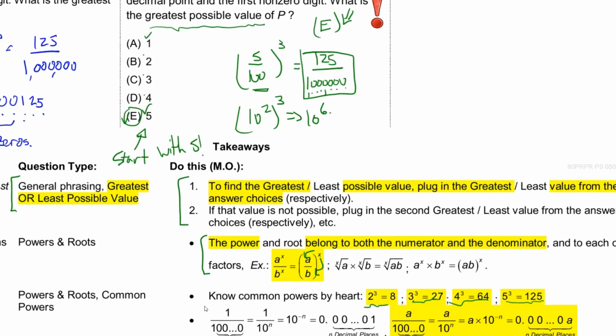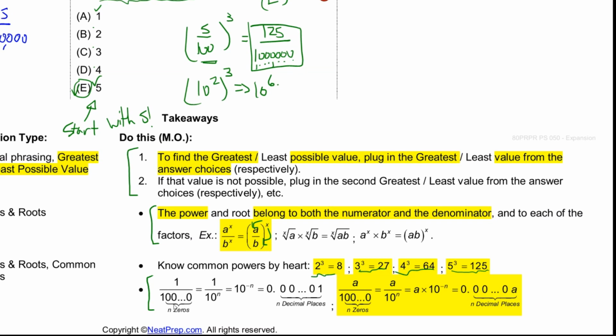And here's a useful little takeaway. Very few examinees know that if the denominator is a power of 10 which contains n zeros, the decimal expansion will contain exactly n decimal places. For example, 1 over 100 is 100th. In decimal form, it is 0.01. You see, these 2 zeros translate into these 2 decimal places.